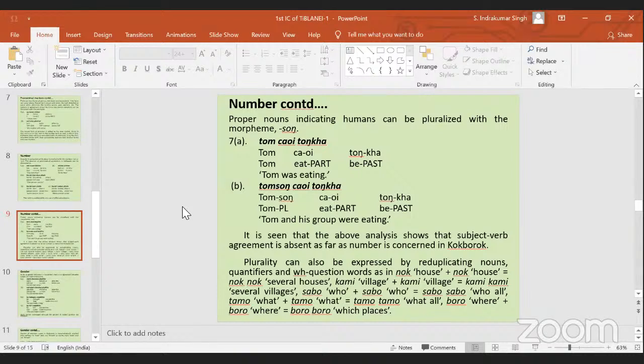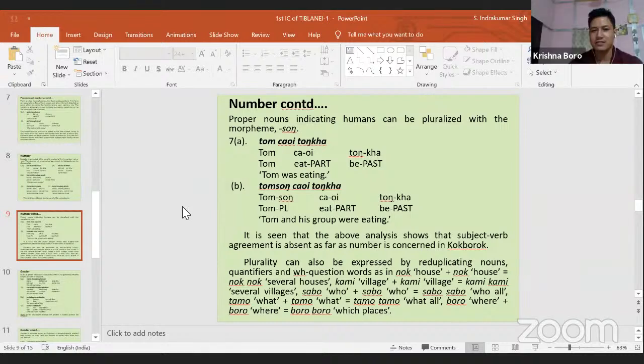Yes, correct. It's a literal translation. If you can give it, then it will be clear. It's something like Tom and all were or stayed in the process of eating, or something of that kind. This literal translation will make it clear.